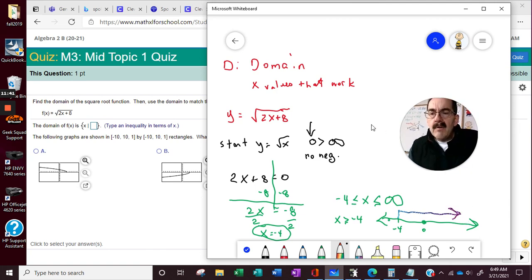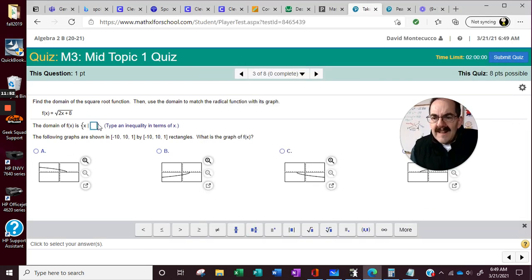Okay? Now comes the hard part. Type an inequality in terms of x. I'm going to type this in first. I haven't done this for a while, so let's go x greater than or equal to infinity.